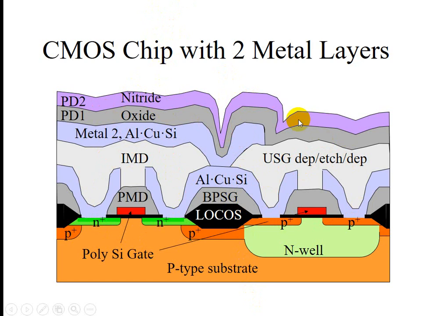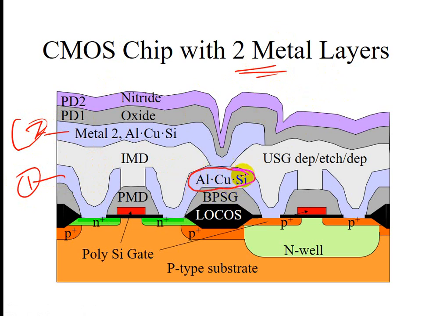In this graph you have two metal layers. First, the first layer, and second, the second layer. We use aluminum, copper, and silicon, an alloy, for the metal wire, for the conducting wire.